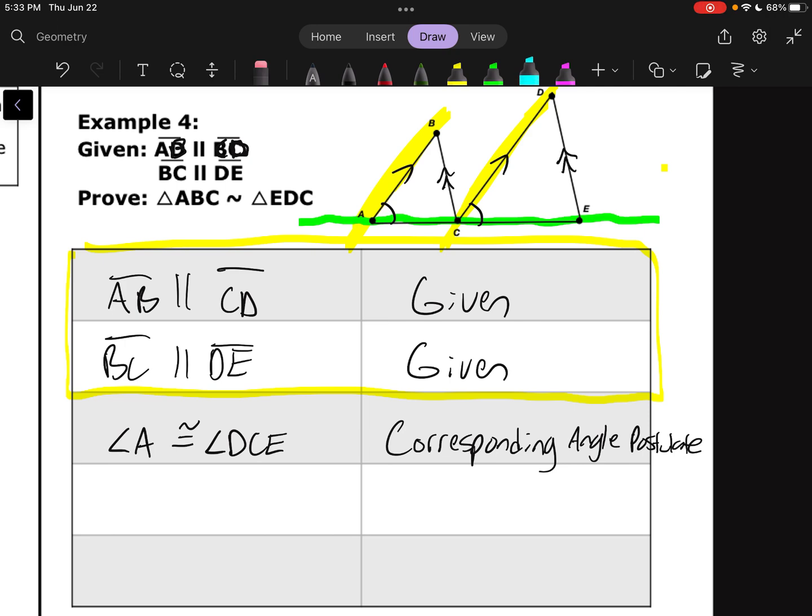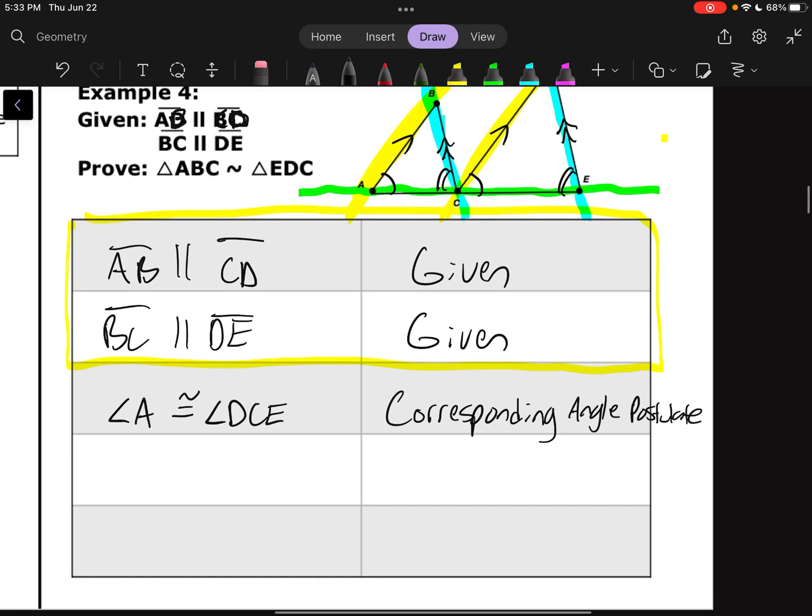Now the other given said another set of parallel lines, right? We know blue line here is parallel to blue line. So if I'm looking at the blue with the green line's being crossed by the green transversal, then I actually see another set of corresponding angles.